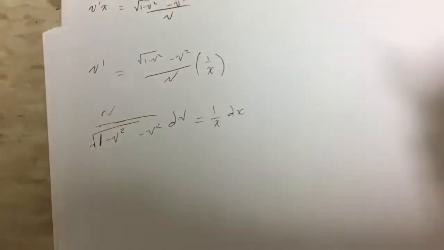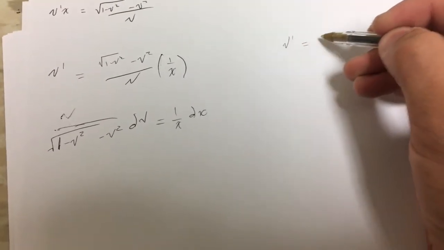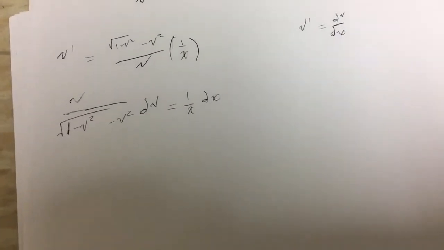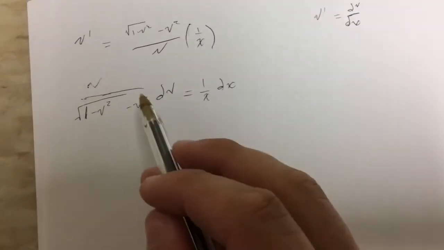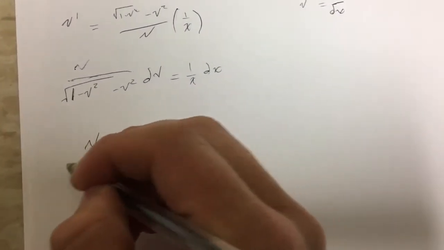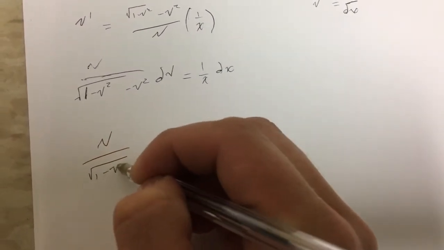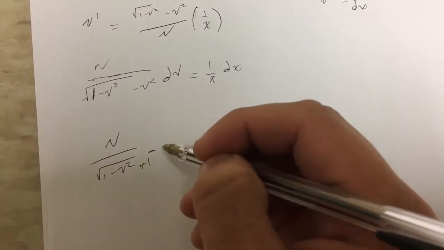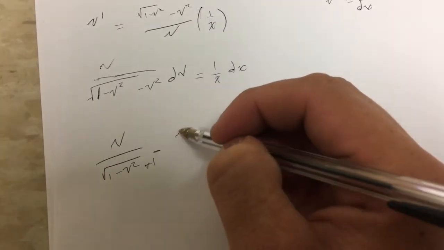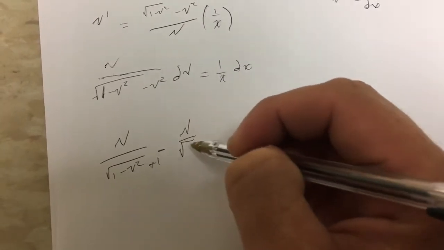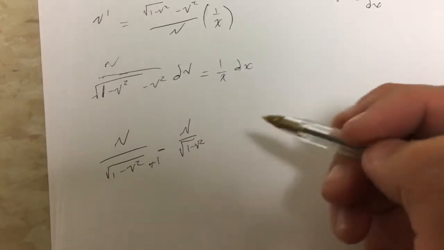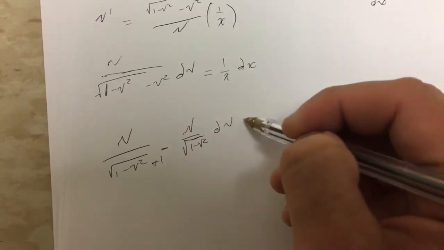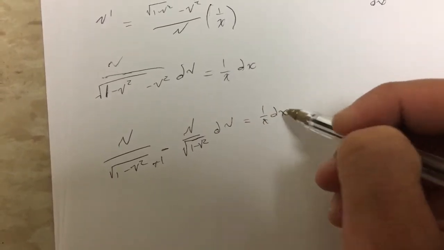You know this because v prime equals dv over dx. And you can break this fraction up into v over the square root of 1 minus v squared, plus 1, sorry, minus v over the square root of 1 minus v squared, dv equals 1 over x dx.